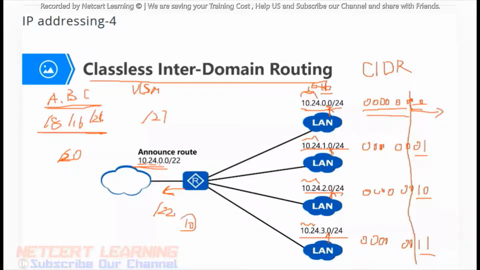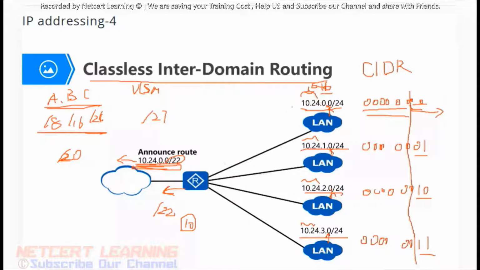That's the variable. Okay, so in here, this router sending out a route, one route, that's value is equal this. The mask length is 22. Okay, this is the CIDR. The CIDR can make a routing table small.